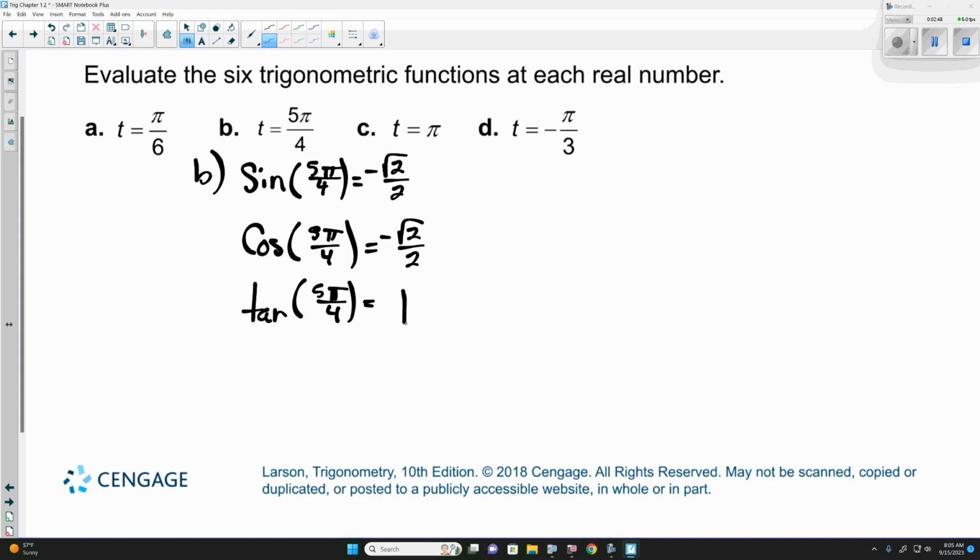Now I think you have space below this, so I'm going to write it off to the side and then I have to erase. Secant of 5 pi over 4, cosecant of 5 pi over 4.